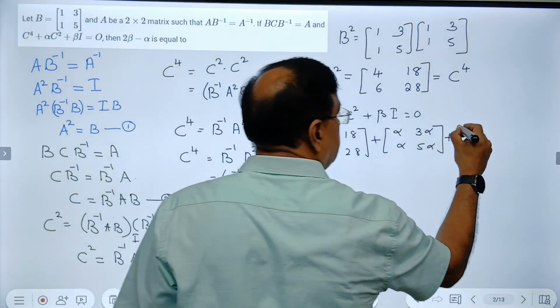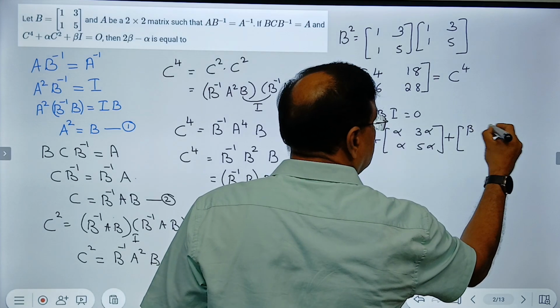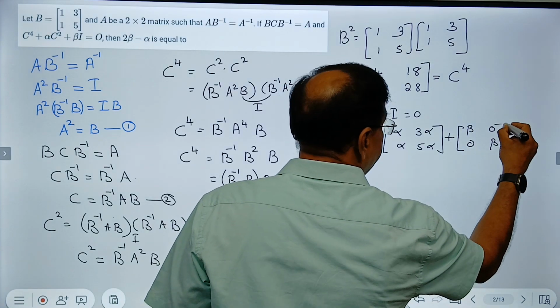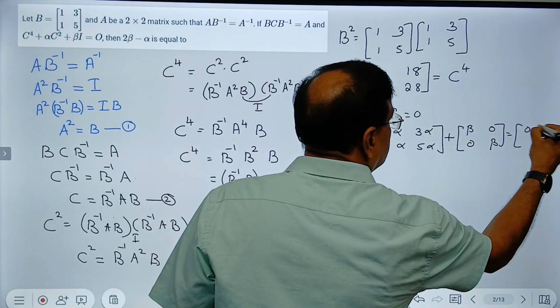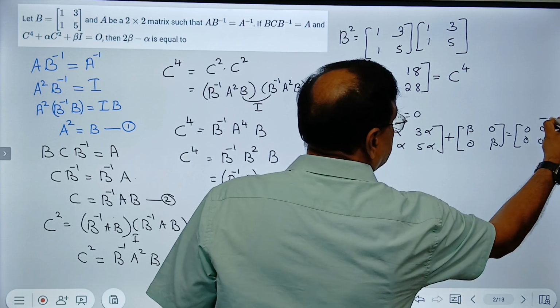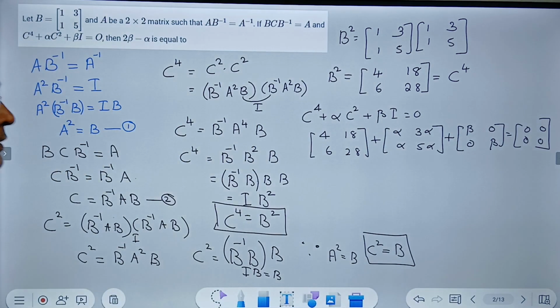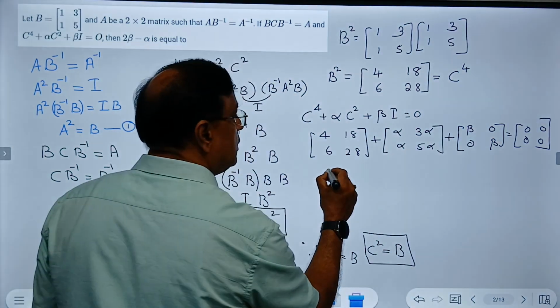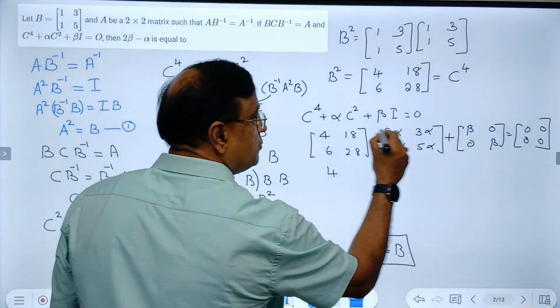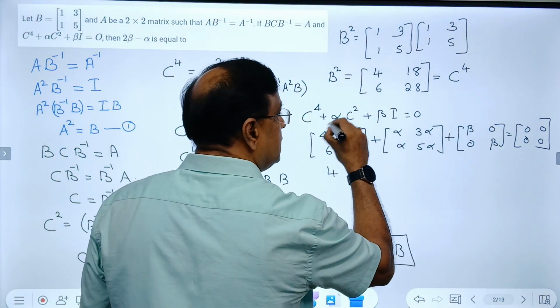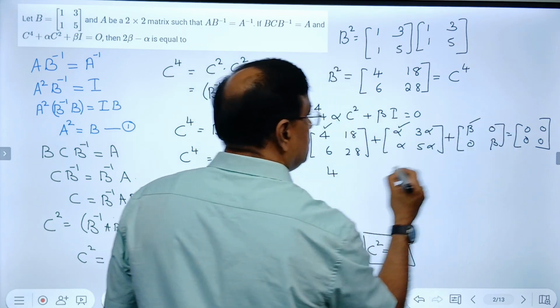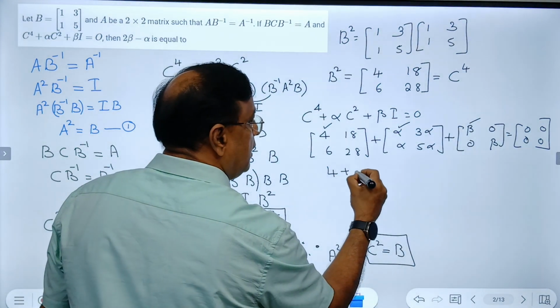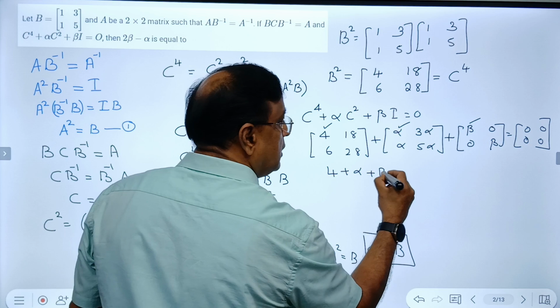I is an identity matrix, so it is [beta, 0; 0, beta] equal to 0. What is 0? 0 is a 0 matrix of order 2 by 2. That's done. Now you add first row, first column. What do you get? First elements you add. So you get 4 plus alpha plus beta equal to 0.